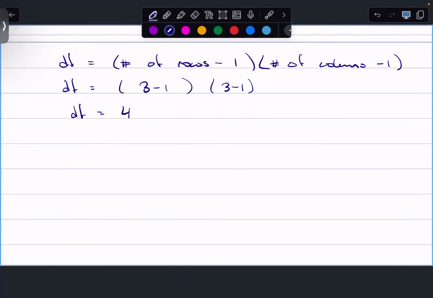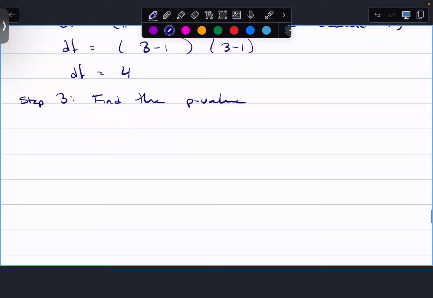So then here, step 3, find the p-value. We'll use chi-squared dot dist of the chi-squared, which uses x, and the degrees of freedom, and true.